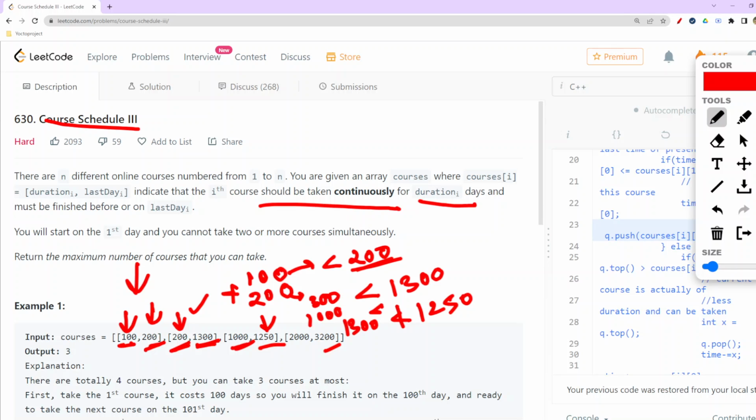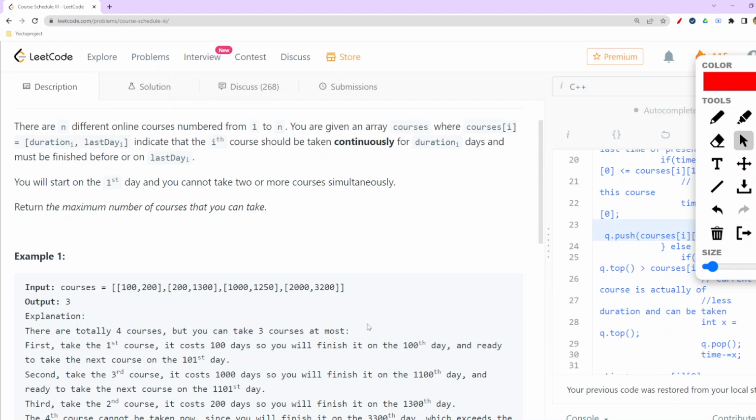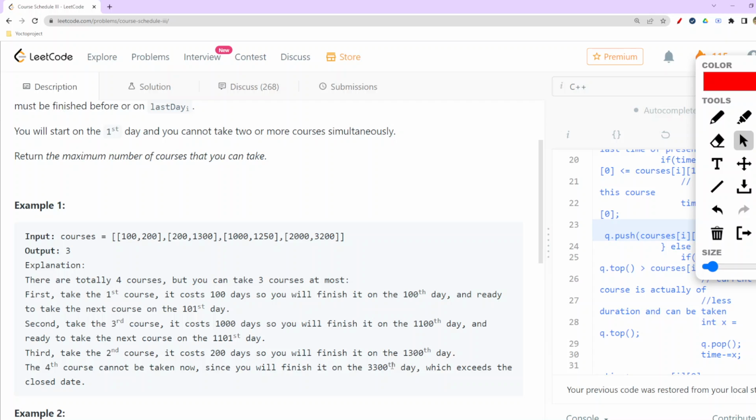So here we need to do something about which one we are required to take, because here the courses could overlap, right? So we are required to take courses in such a manner that these things don't take place.